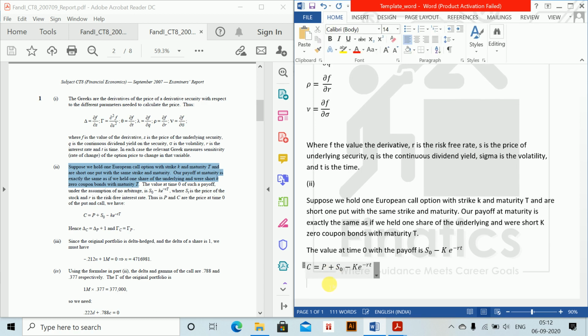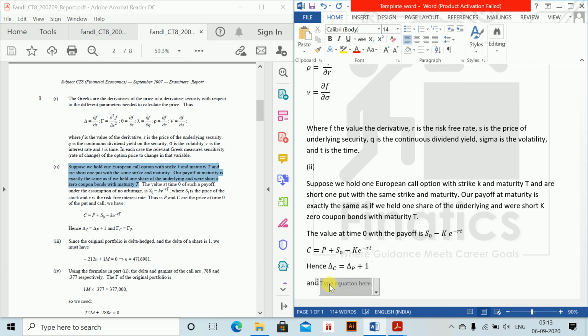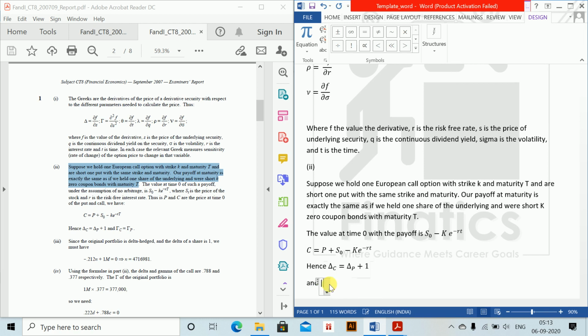Hence delta C is equal to delta P plus 1, and gamma C is equal to gamma P.